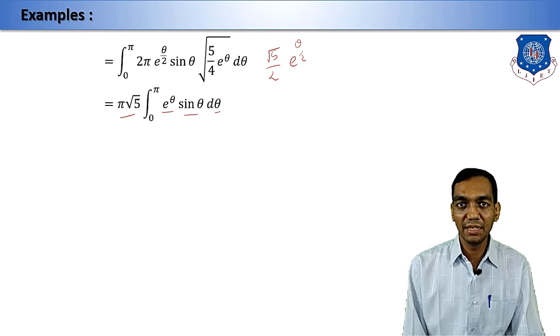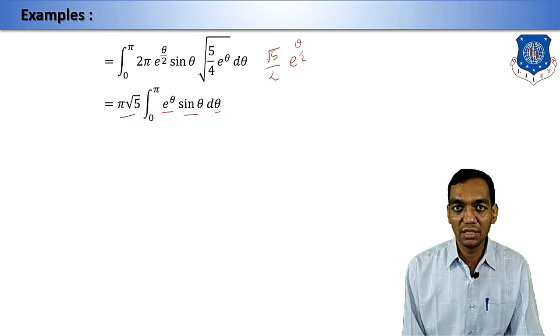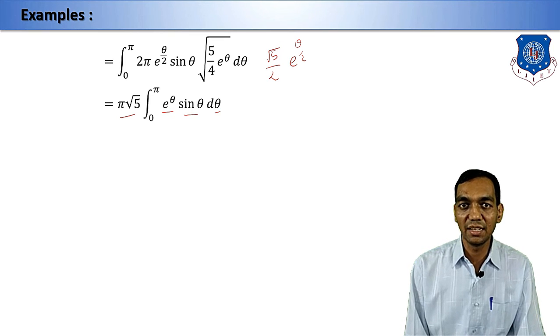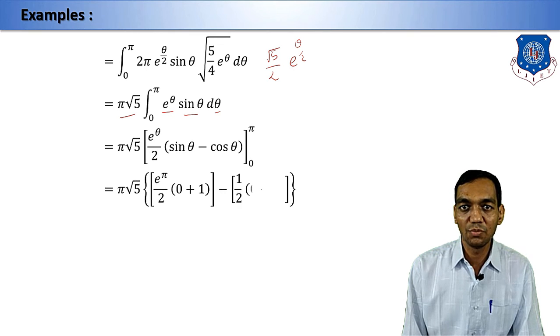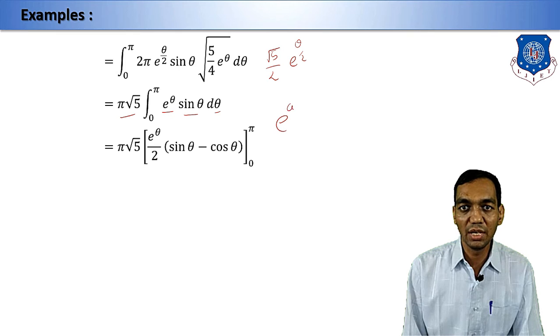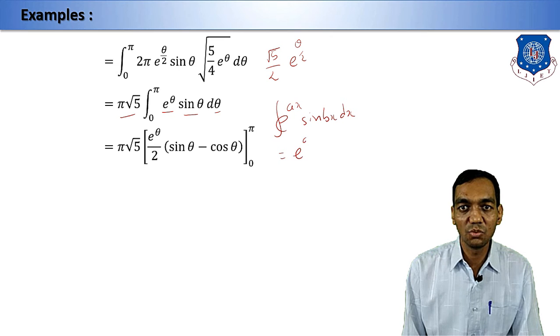Now if you have to integrate this term, then it is nothing but e raised to ax sine bx, and its integration is e raised to ax dx upon a square plus b square into (a sine bx minus b cos bx) plus c.